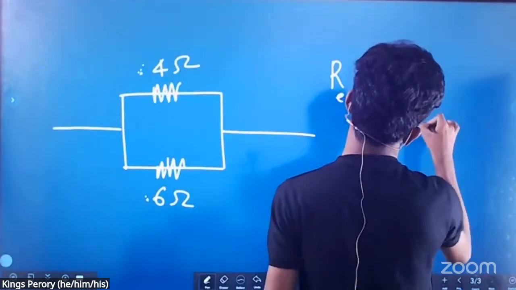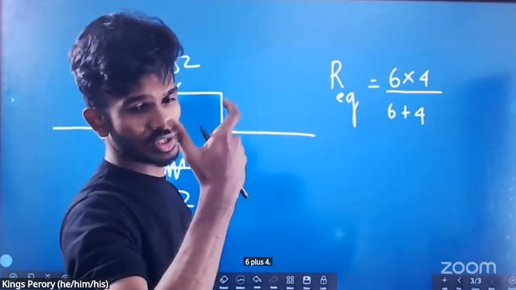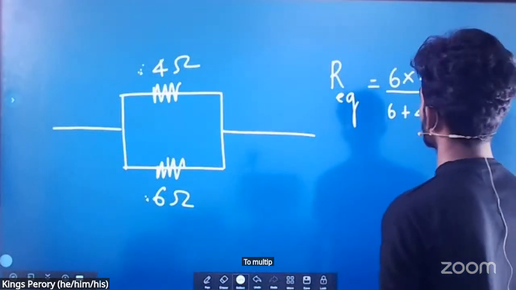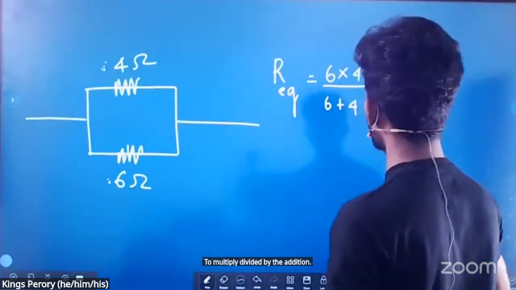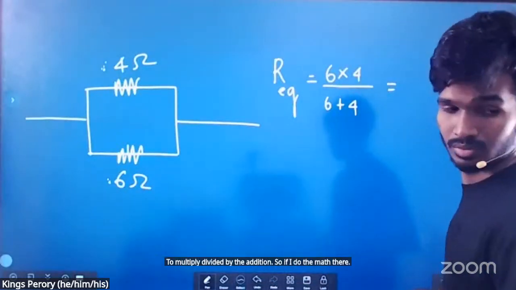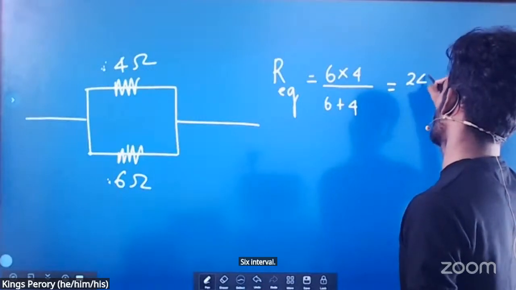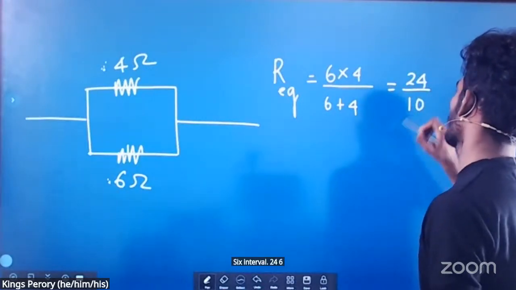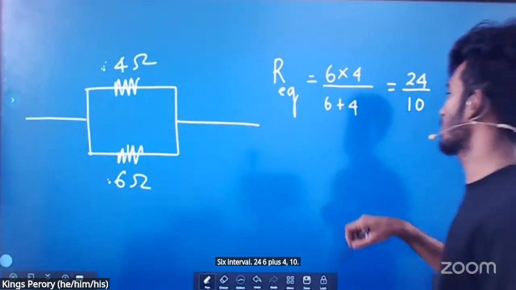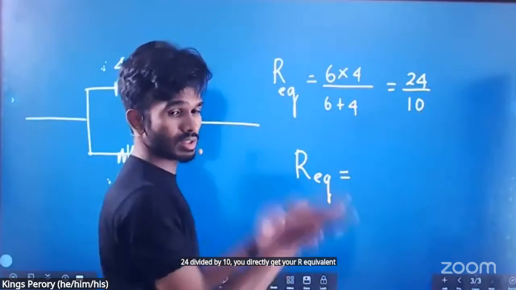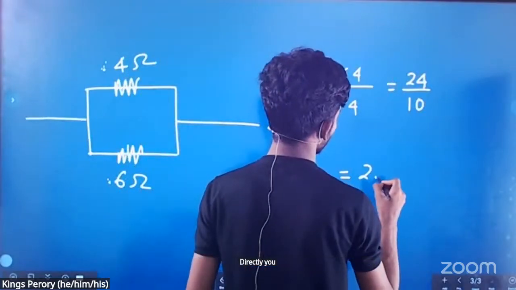Multiplication divided by addition. So if I do the math, 6 into 4, 24. 6 plus 4, 10. 24 divided by 10, you directly get your R equivalent. Reciprocal story is not there. Directly you get your R equivalent, 2.4 ohm.